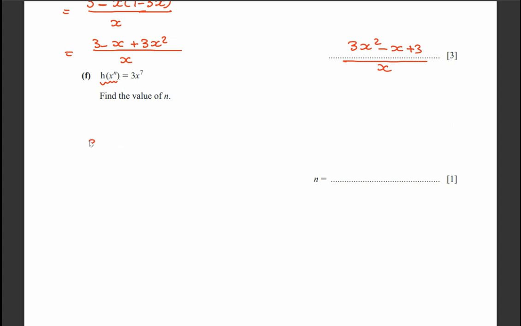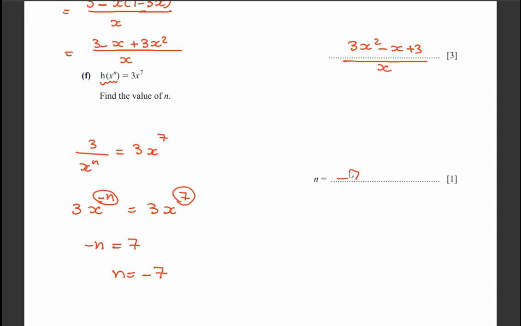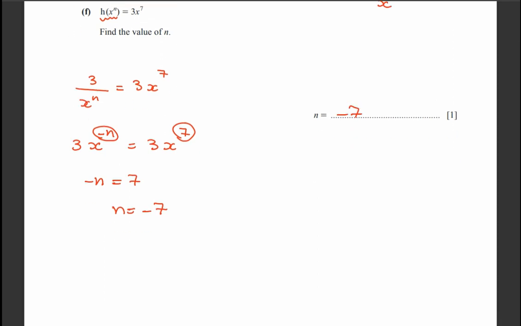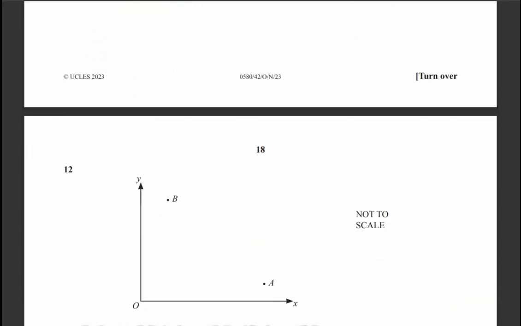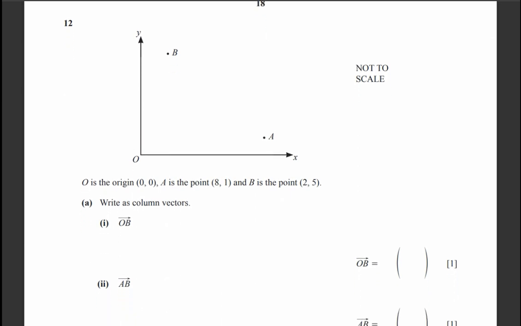So 3 over x to the power n equals 3x to the power 7, and this power n will be in the denominator, so I will bring it up with a negative: 3x to the power negative n equals 3x to the power 7. This negative n we can see equals 7, so from here we get n equals negative 7, yeah.